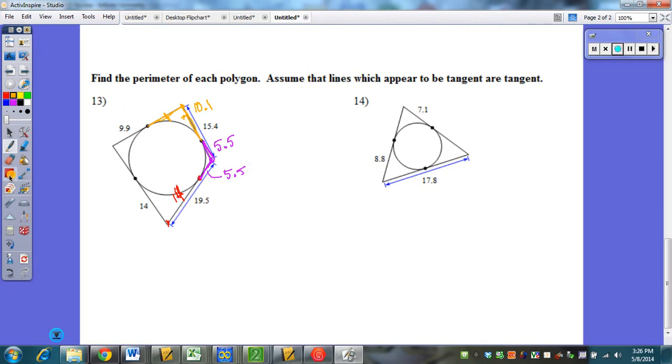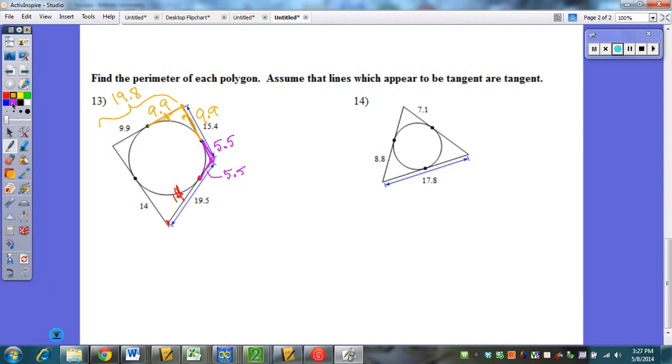I don't know why I did that. 9.9. And then we have this side right here, which is also 9.9. And what we're looking for is the perimeter. Okay, so I now know that this side right here is going to be 19.8. This side right here we already knew was 15.4, and this side right here is 19.5.